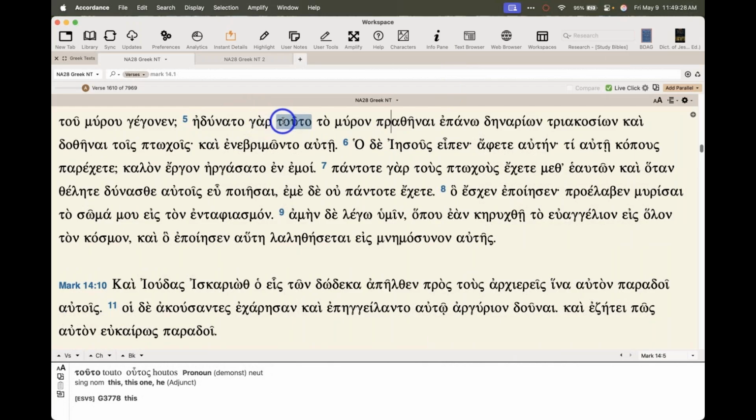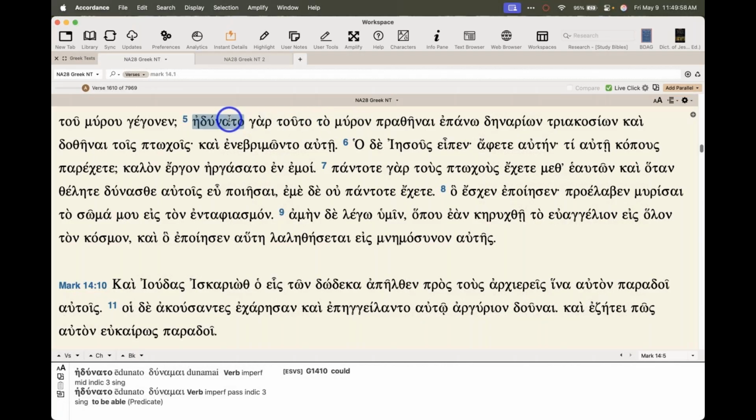Ēdunato gar touto to muron prathēnai epanō dēnariōn triakosiōn kai dothēnai tois ptōchois, kai enebrimōnto autē. Left to right, we get something like, for could have, so it's imperfect, this ointment. So then we have to rearrange the word order.